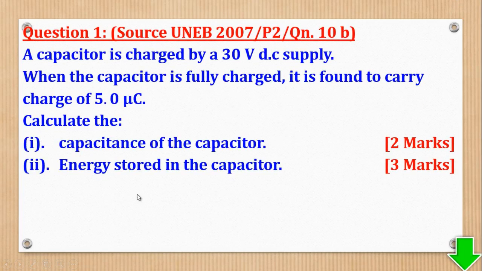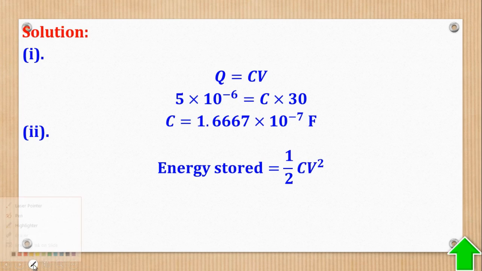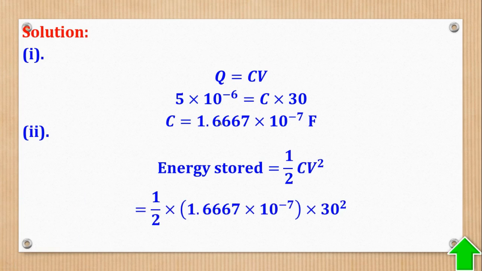Then (ii), energy stored in the capacitor. Energy stored, we first quote the formula, then we substitute. We already got the C, so substitute for C and for V and use the calculator to come up with the energy stored. Energy stored is measured in joules.